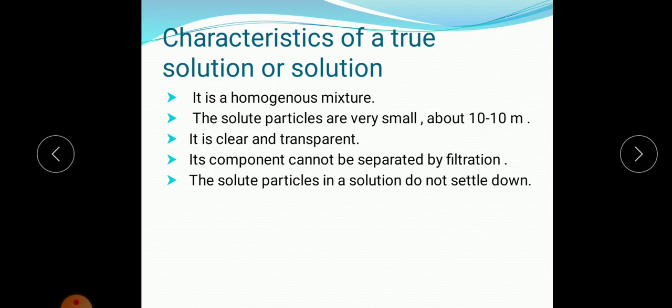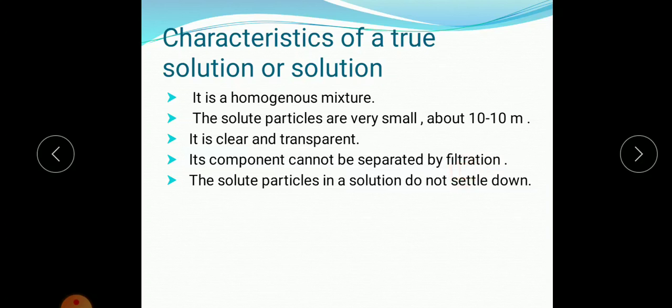Next, what are the characteristics of a true solution? One, it is a homogeneous mixture. That means it will form a uniform composition all over the solution. The solid particles are very small, about 10 to the power minus 10 meter. Next, it is clear and transparent. Its components cannot be separated by filtration.